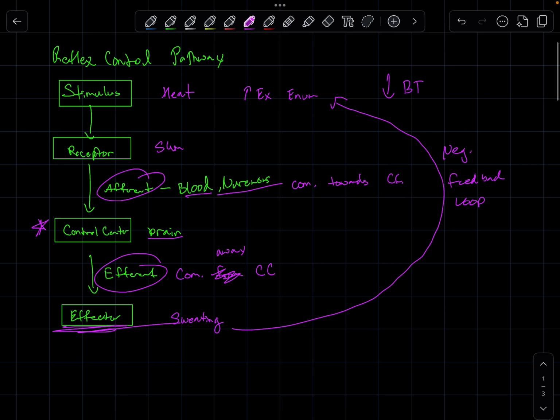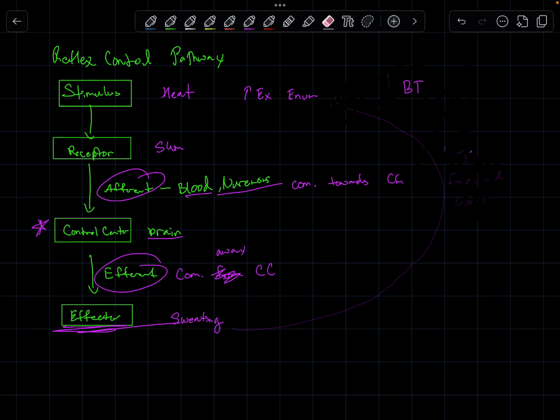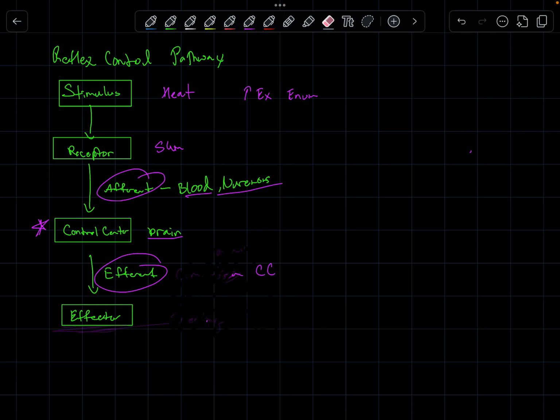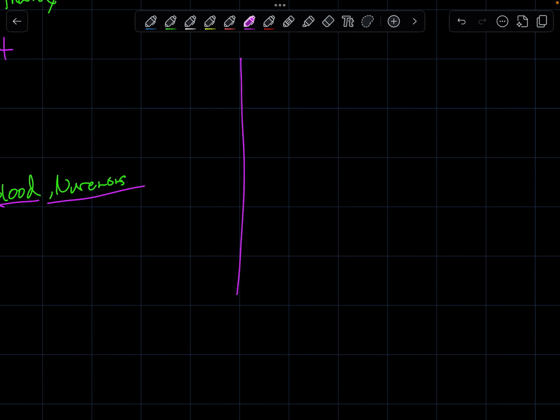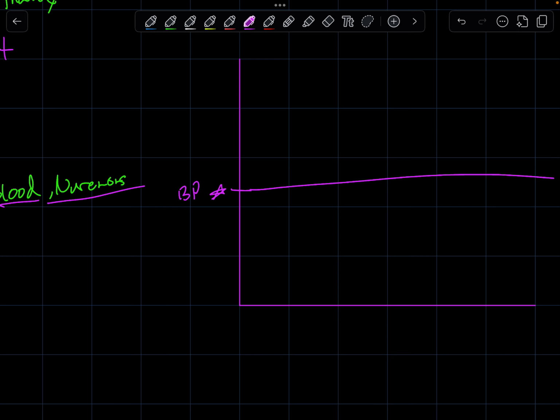Another example we see a lot of times with this is blood pressure. So let me just clean up some of these words here. All right, that's good enough. All right, blood pressure. So we'll draw a graph again because I think that's the best way to illustrate things. Let's just say this is normal blood pressure, this line.